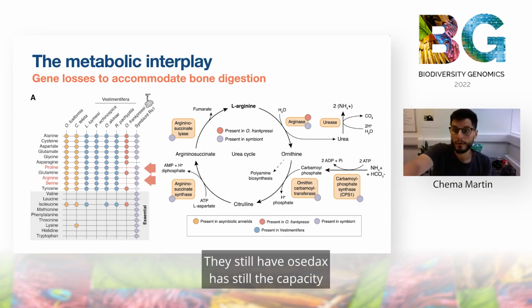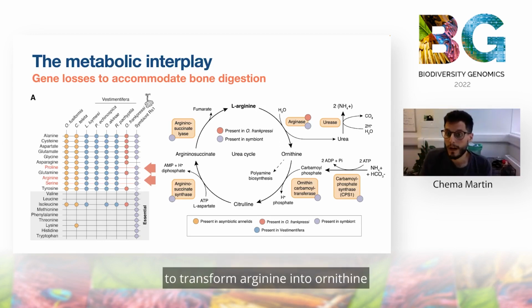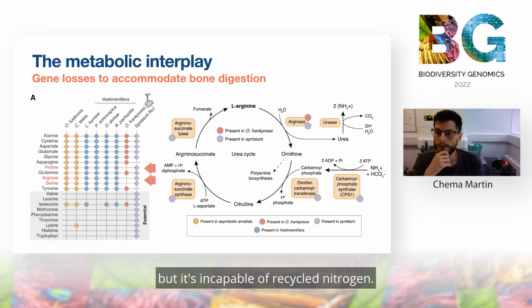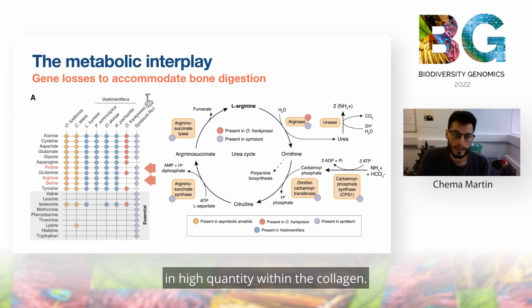Osedax still has the capacity to transform arginine into ornithine, because ornithine is important for the synthesis of polyamines, but is incapable of recycling nitrogen. And this probably favors the synthesis of other amino acids that are not present in high quantity within the collagen.